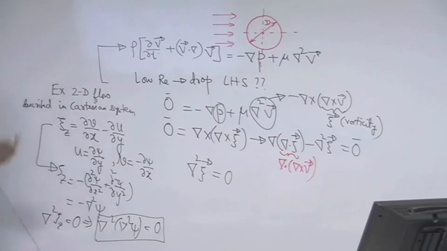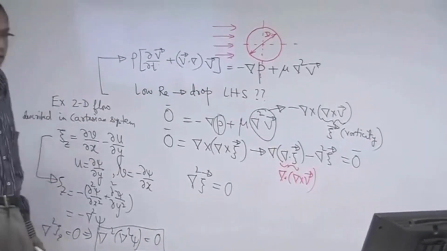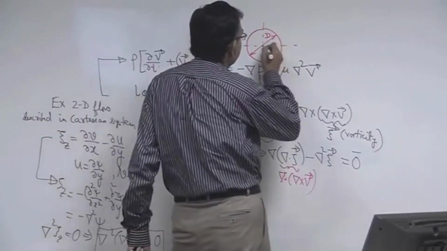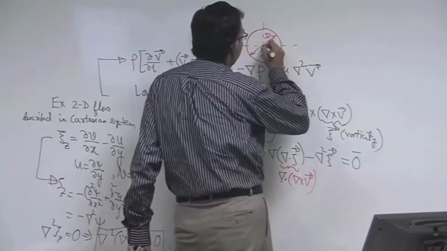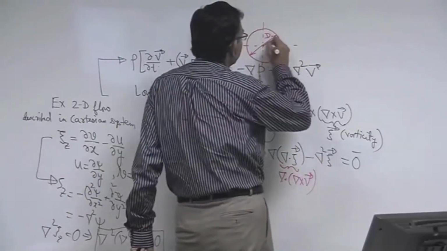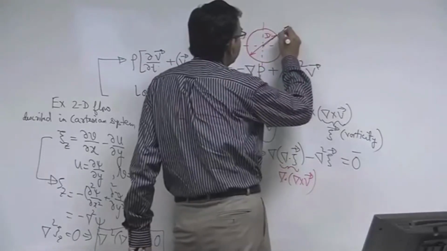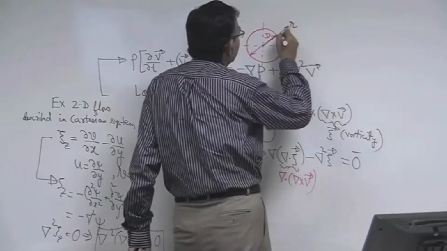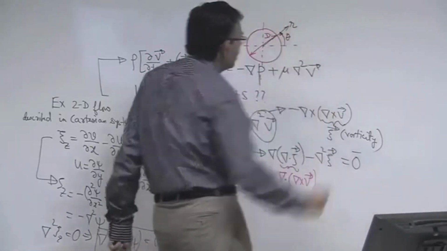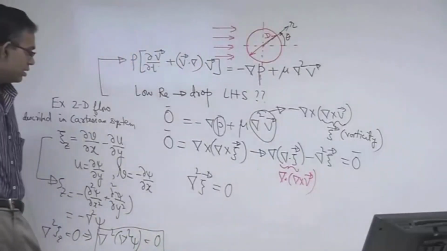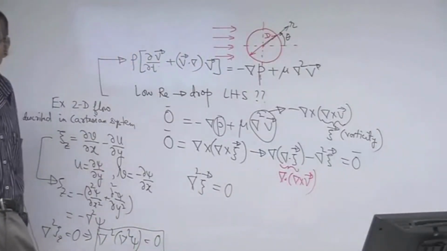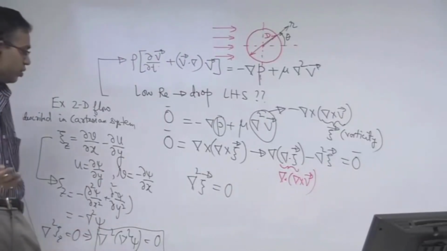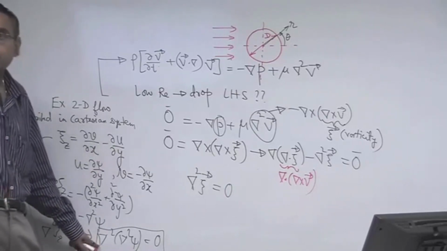Now, let us come to the problem of the sphere, flow past the sphere, low Reynolds number flow past the sphere. So, if you now use a coordinate system which is radial r and angular coordinate theta, then instead of u and v, you could use the components Vr and V theta, but because of the change in the coordinate system, this del square operator will not work.